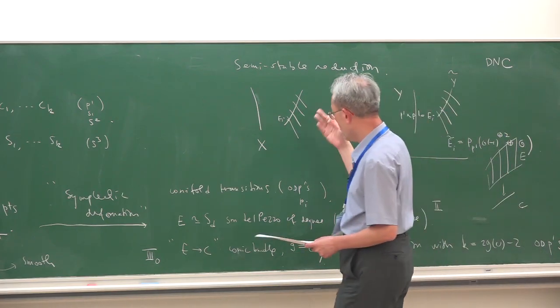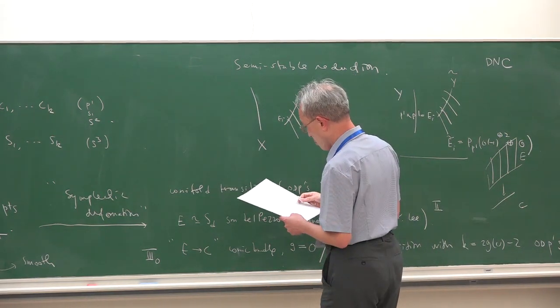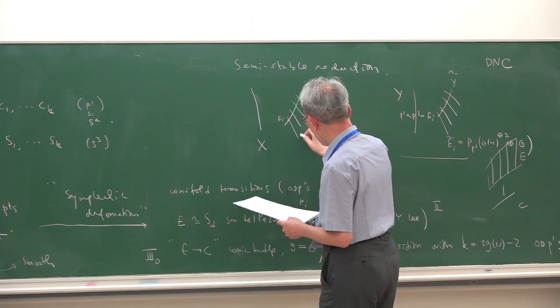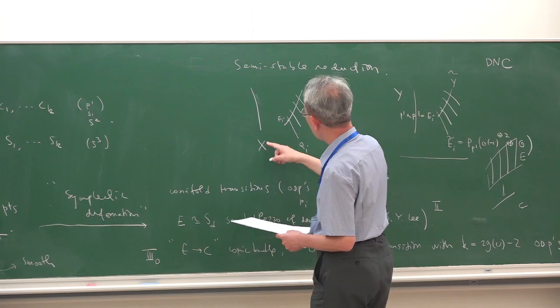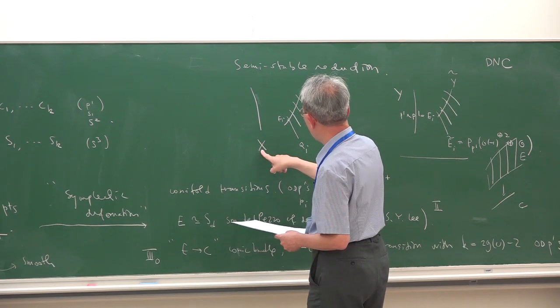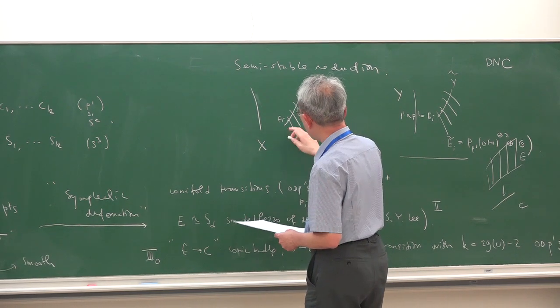And it's easier to look at this picture because here is the local model of this X at a singular point.